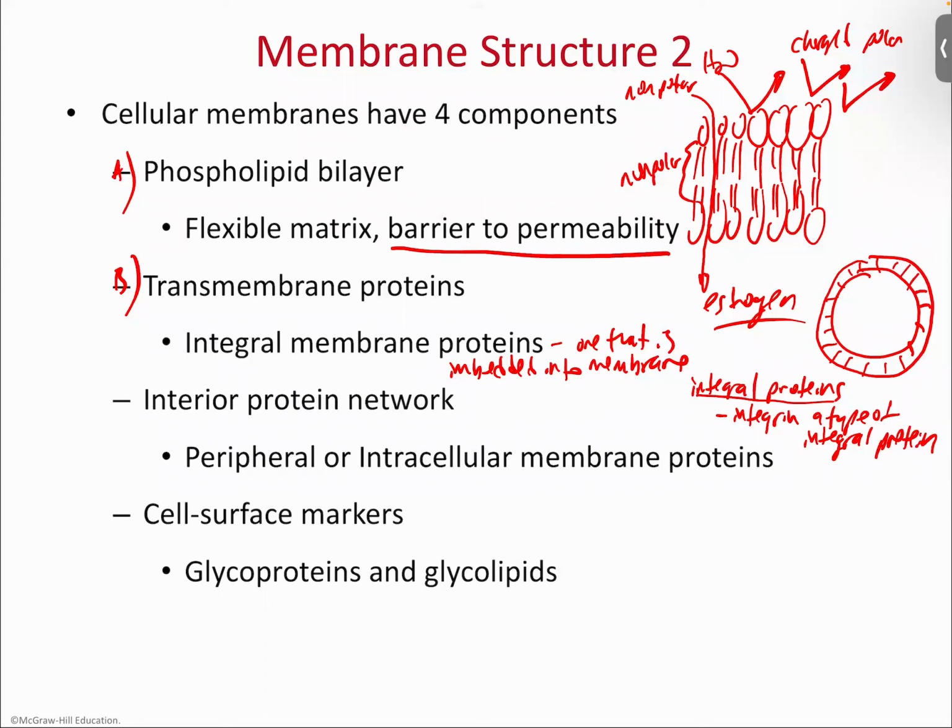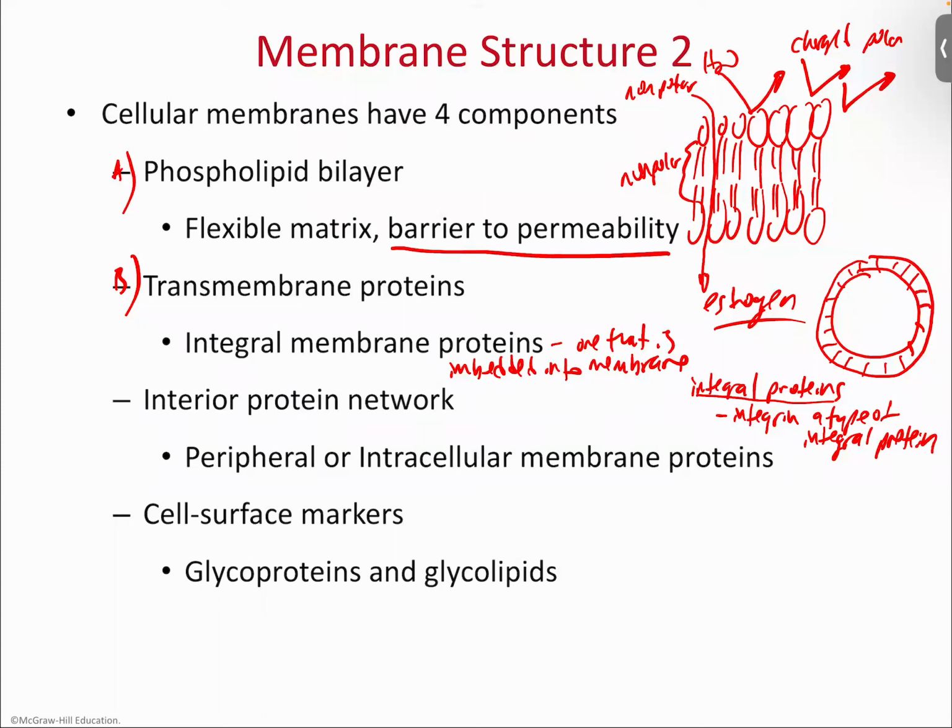Here's the one thing I always like to tell students, because often students will get these mixed up: integral and integrin, because they're very similar, very close together. But here's the thing. Not every integral protein is integrin, but integrin is an integral protein. Let me say that again.